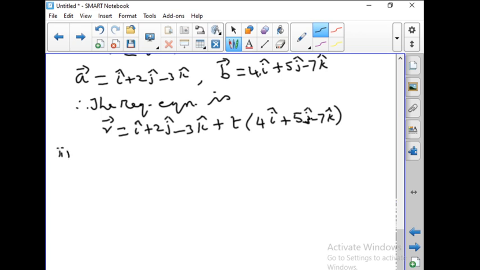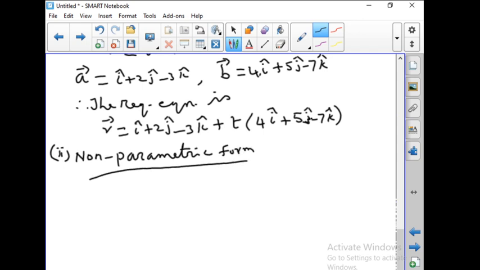So second one we will see the non-parametric form. The equation is r vector minus a vector cross b vector is equal to 0.